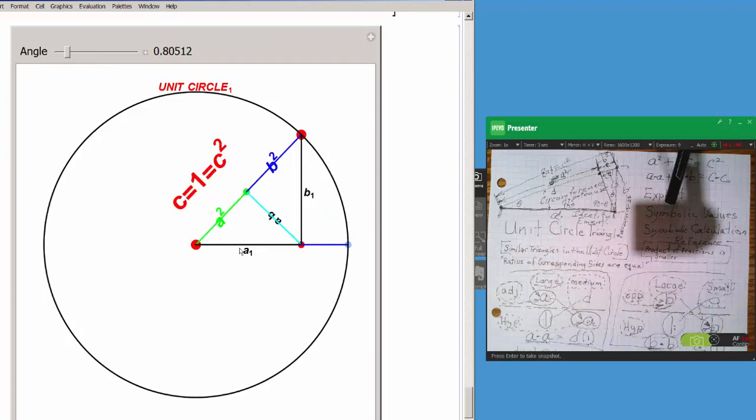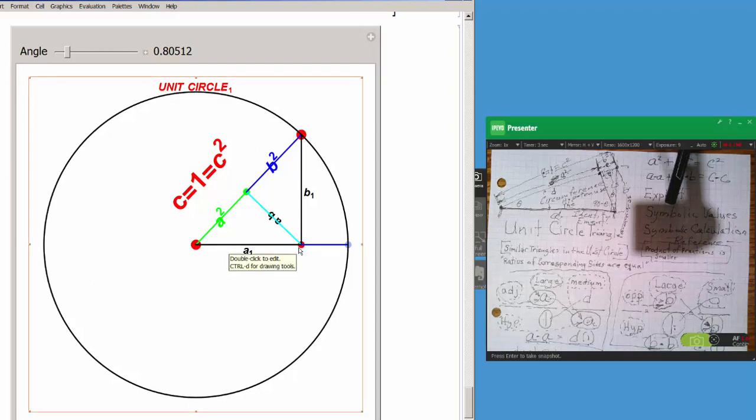I'm going to represent that the letter A represents the measured distance between the center of this unit circle and this reference point right here, and that this A right here to the second power represents the measured distance between this center reference point and this green reference point.